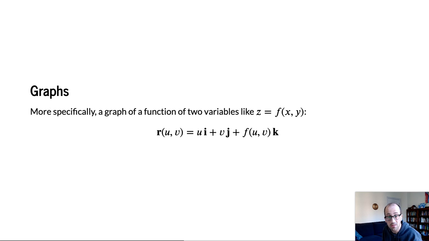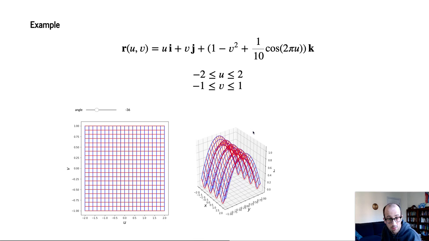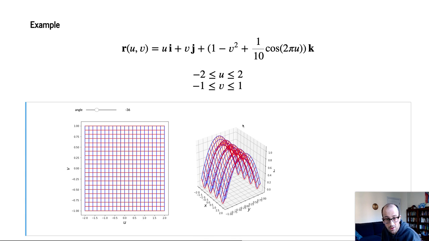In some sense, this is the most trivial way to parameterize a surface. So you see right here, u and v are my parameters. So x becomes u, y becomes v, and z is the output value of the function, f of u and v. So it's fairly trivial to do, but you can make some cool shapes out of this one.